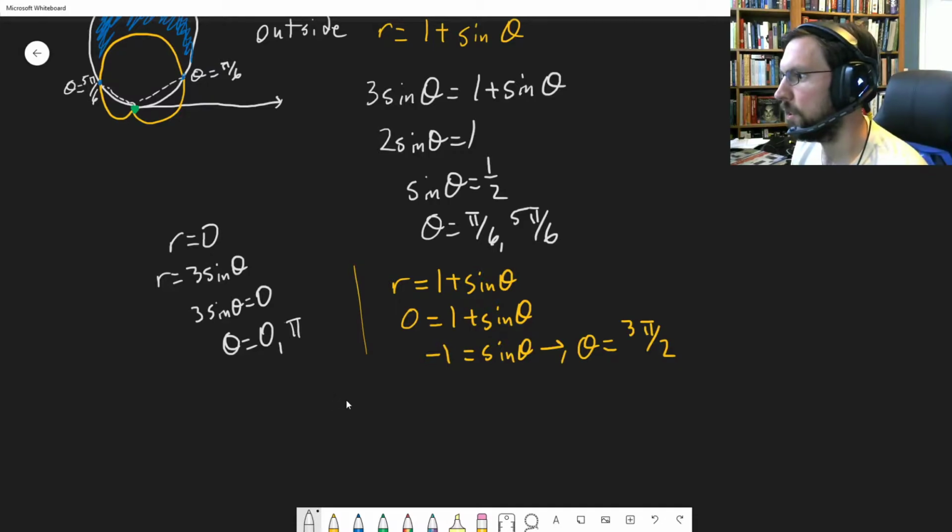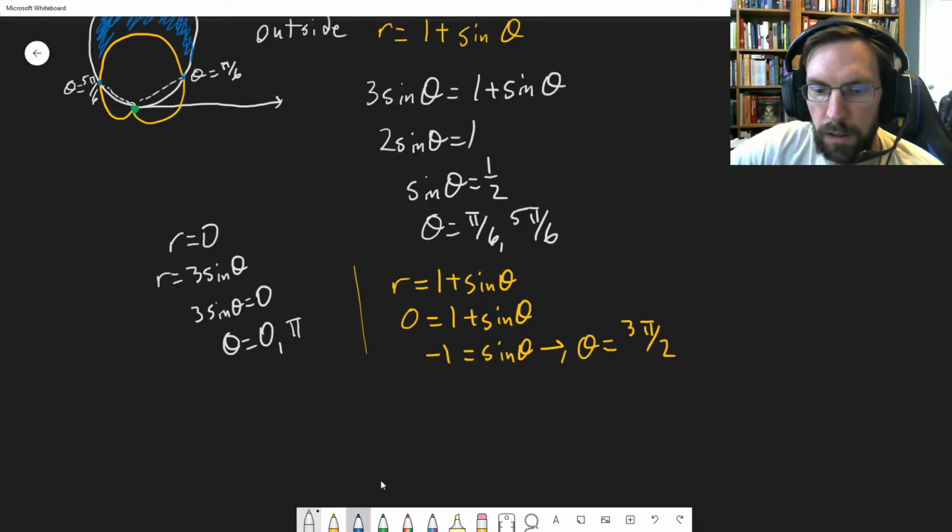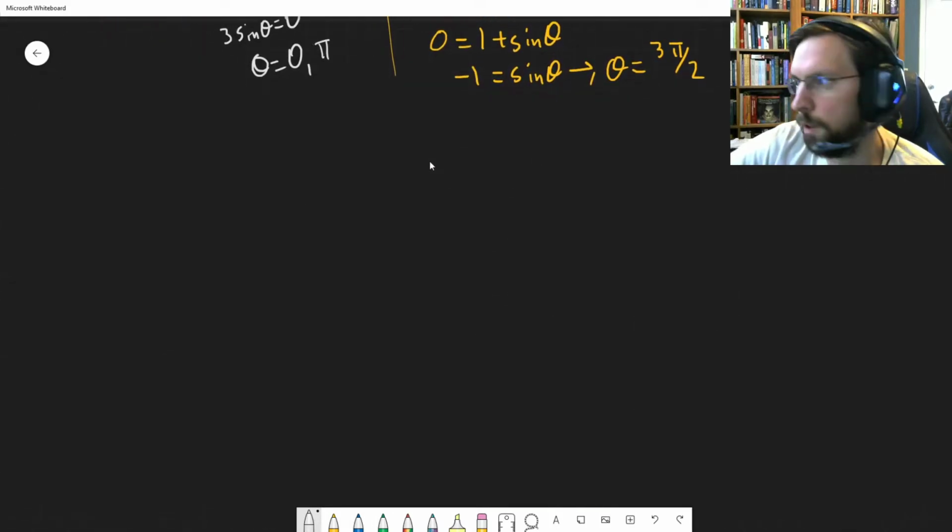Okay, so let's look at our old friend, the four-leafed rose.